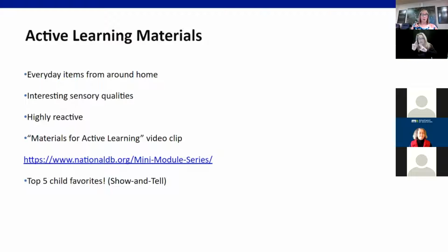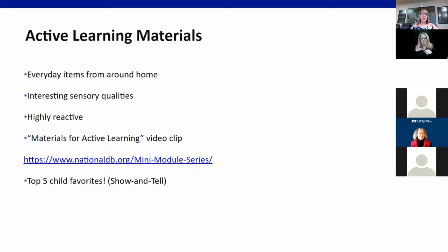For example, that crunchy plastic paper, a string of beads, things like that, that with very little hit or touch or a turn of the head, you can actually get some sound or some reflective things going. So that is really the idea: you look for everyday items as much as possible with very interesting and varied sensory qualities and that are highly reactive.